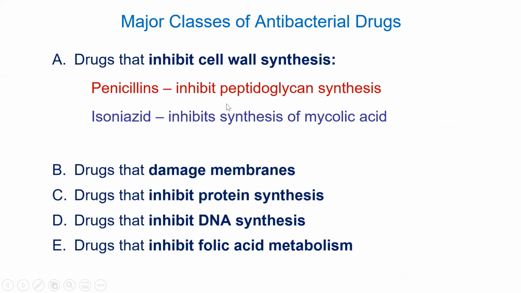So there are other drugs that inhibit bacterial cell wall synthesis, different classes of drugs with different mechanisms. I'm not going to cover them all, but the one that I do want to talk about is this one here, isoniazid. And you can see that this one here is not affecting peptidoglycan synthesis, but something else found in the cell walls of certain types of bacteria, the mycolic acid.